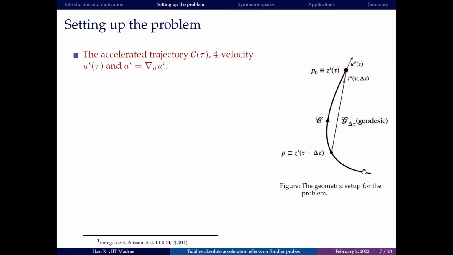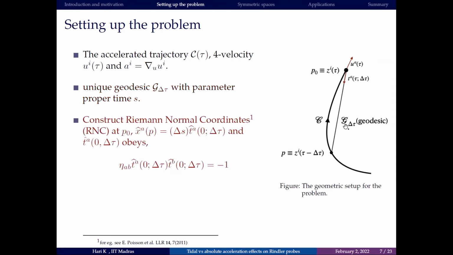Thank you. This is the accelerated trajectory given by script C, and we consider two points on the trajectory, P0 and P, and a geodesic connecting P and P0. So there are two curves: C, the accelerated trajectory, and G, the geodesic. U^A is the forward acceleration on the accelerated trajectory, and T^A is the tangent vector to the geodesic.